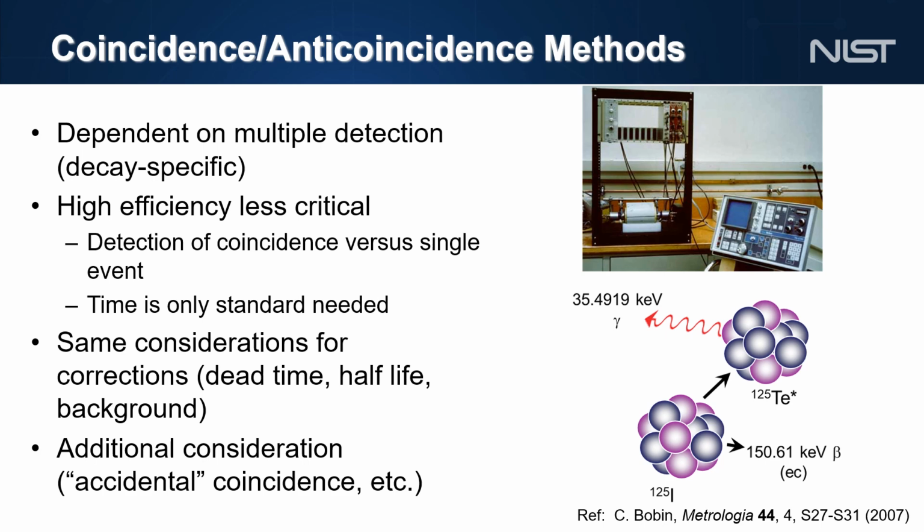High efficiency is less important than in the geometry-based approaches, since this is based on the relative chance of a detection of coincidence of simultaneous events compared to the detection of a single event. Additional considerations are needed for accidental coincidence, non-ideal behavior of detectors, angular correlations of the detectors, decay scheme problems, etc.